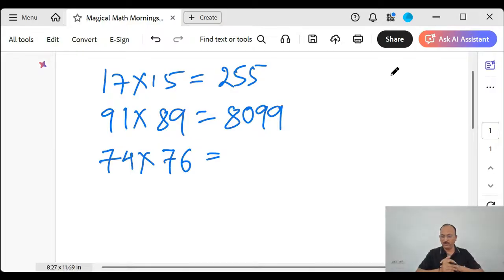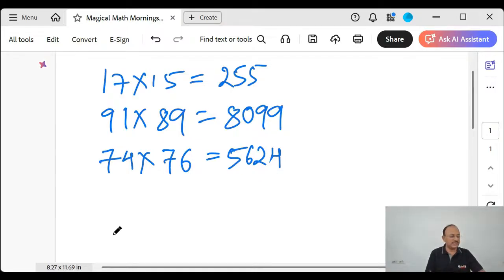The people who have not learned, who are absent, go through that video on how to find the squares of numbers ending in 5. There was a slight typing mistake. Yes, it is correct. 75 square is what? 5625. Just minus 1. You people are able to tell it is 5624. Isn't it? Very good. You're all very fast.